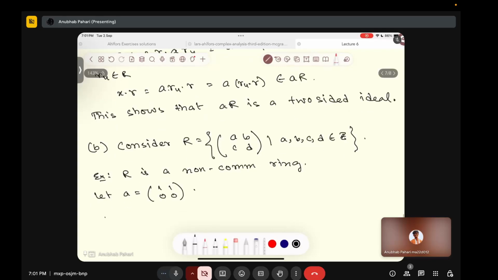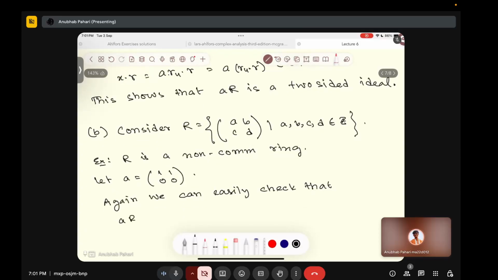Again we can easily check that small a capital R equals the matrices a b 0 0, where a and b are coming from Z.